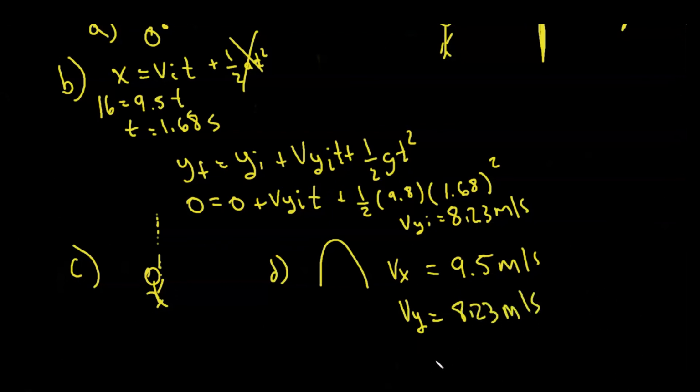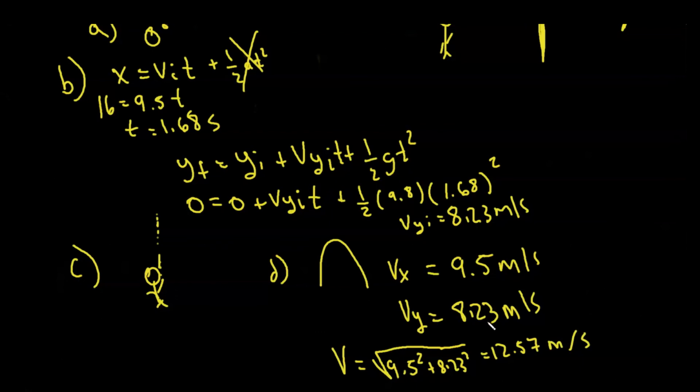So to find the total velocity that the person sees, you have to take the magnitude of this. So it would be the square root of 9.5 squared plus 8.23 squared. So this is what the observer would see, 12.57 meters per second.